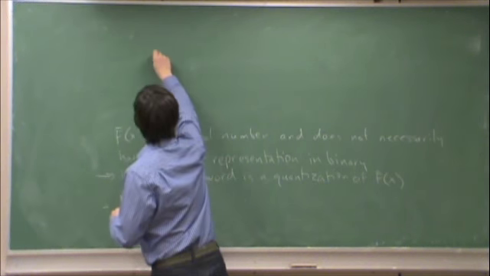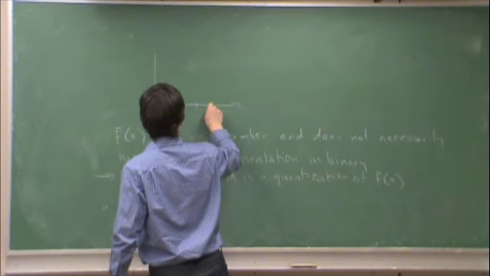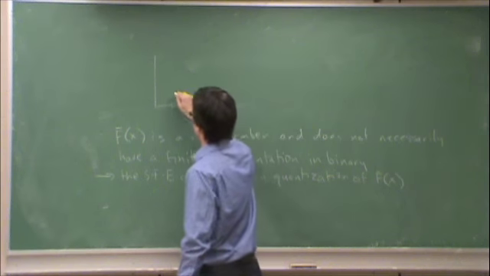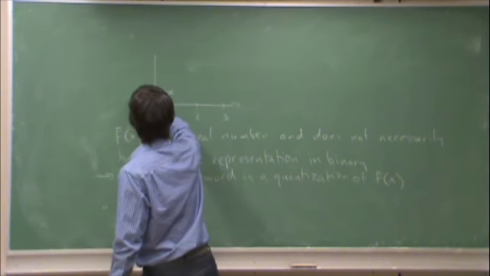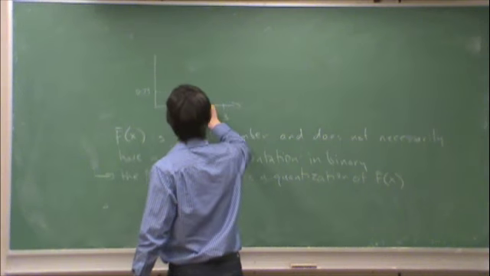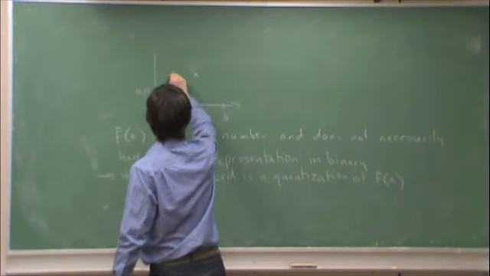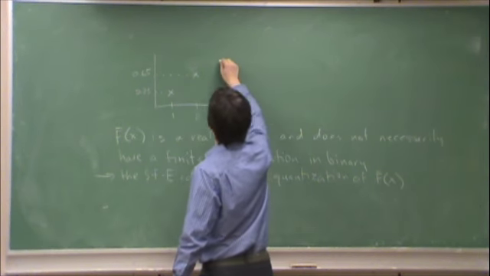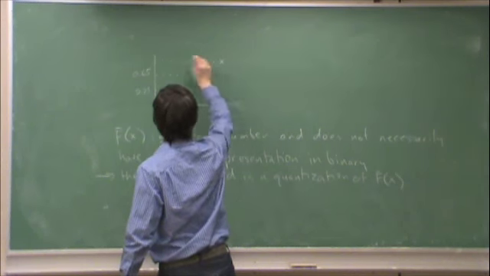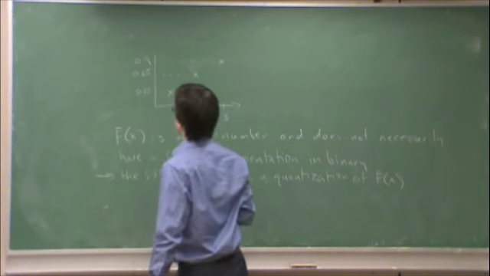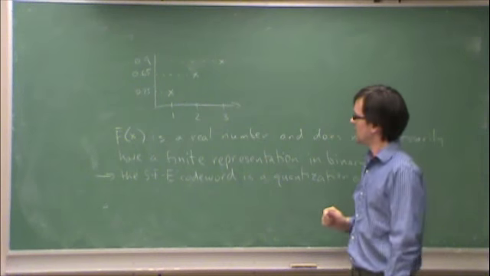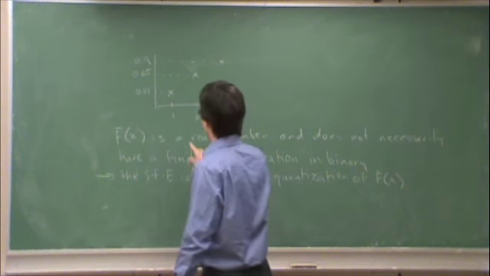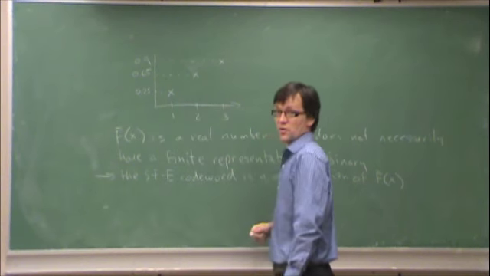So f bar of x, the first element was 0.25, the next element was 0.65, and the final element was 0.9.